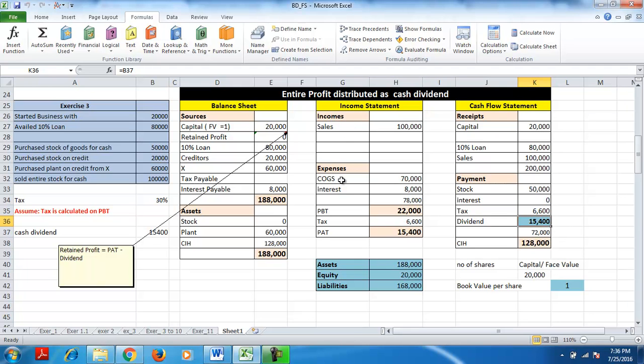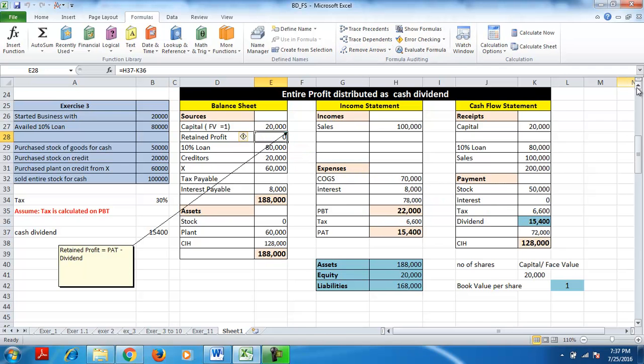Dividend is not an expense but is a distribution of profit. So as a result, the retained profit will become zero because the entire profit has been distributed. Retained profit is equal to current profit minus dividend, and the current profit is 15,000 and the dividend is 15,000.